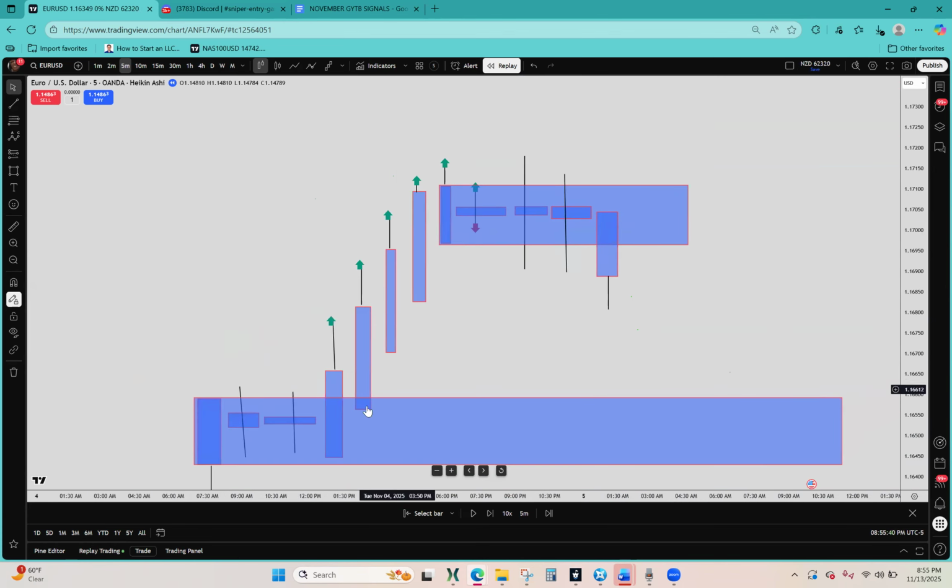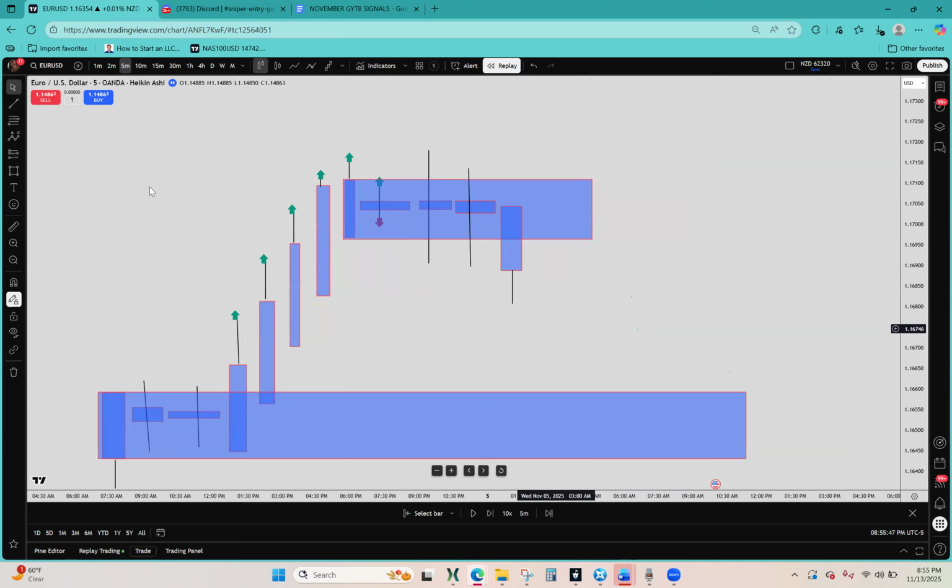Now, understand this expansion needs to have enough volume to make sense to actually come take the retracement, right? But our job is we're being patient. We want it to come to the base, and then it finally gets to the base, just like our trade right now. It's hitting on the base.